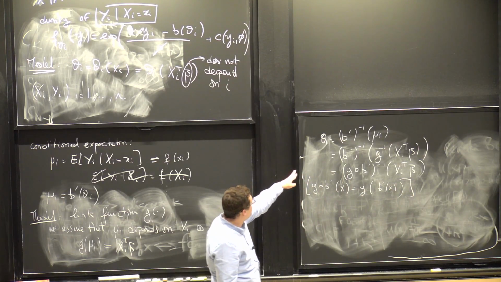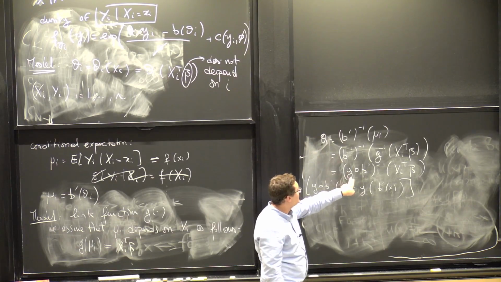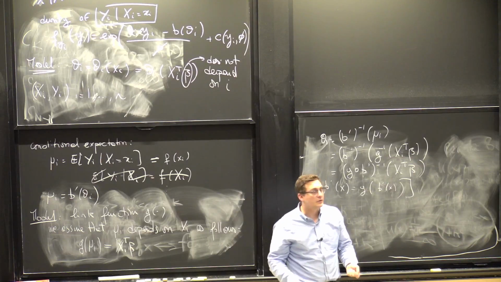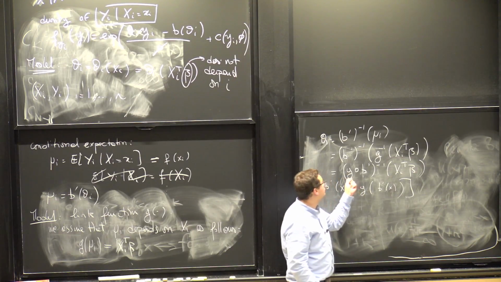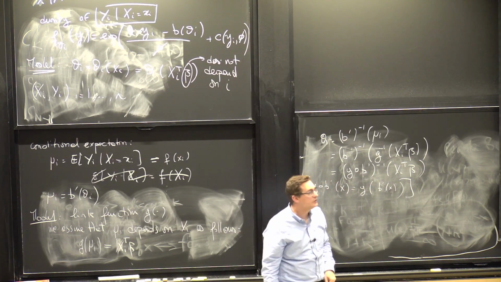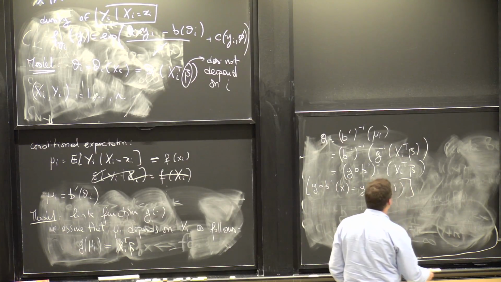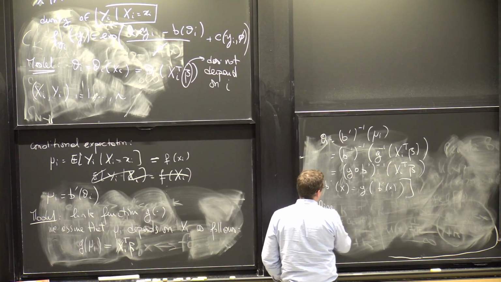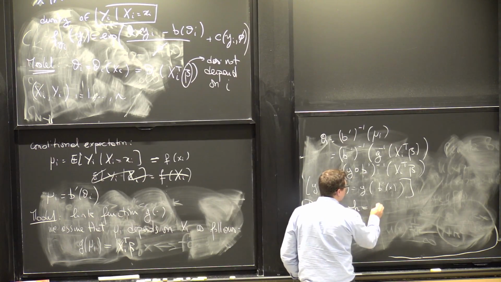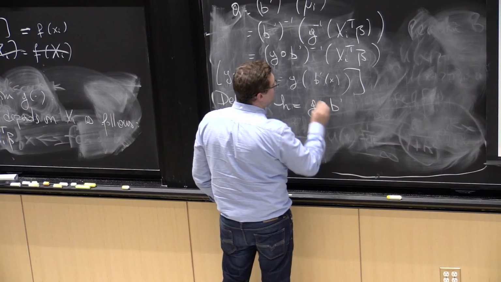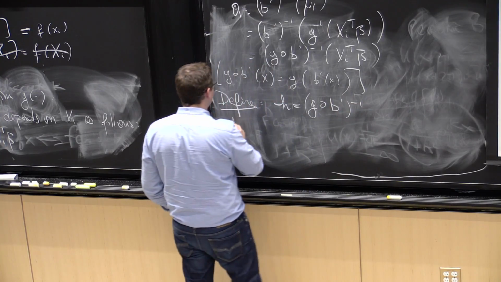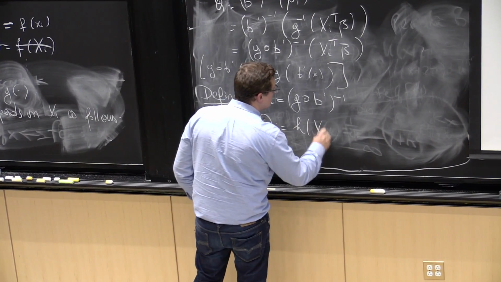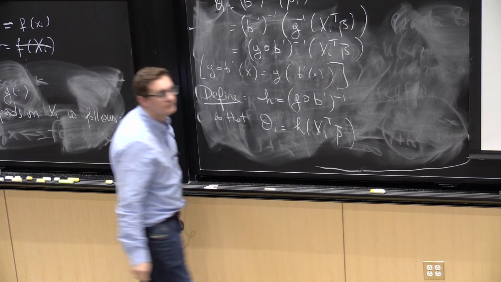Okay, so now everywhere I saw theta, I now see this function of beta. So I could technically plug that in. Of course, it's a little painful to have to write g composed with b prime inverse all the time, so I'm going to give this a name. Define h, which is g composed with b prime inverse, so that theta_i is simply h of x_i transpose beta.